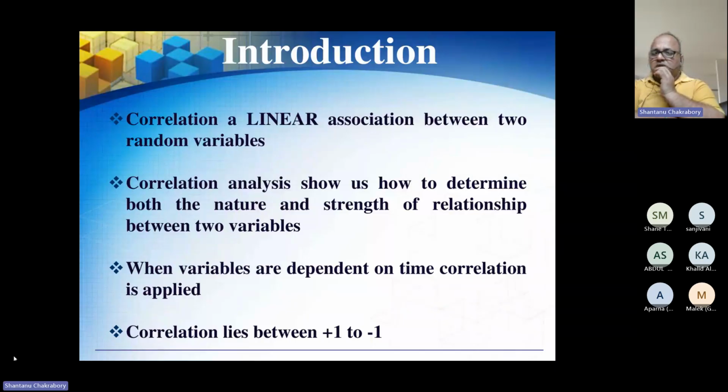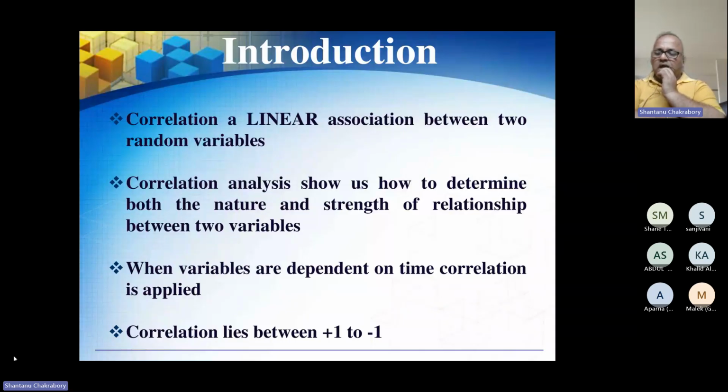If your correlation coefficient r is, suppose, minus 0.5, that shows there is a negative correlation between x and y. Negative correlation means if x increases, y will not increase proportionately. There will be a decrease in the value of y. So that shows a negative correlation.